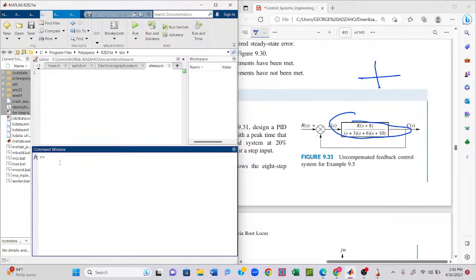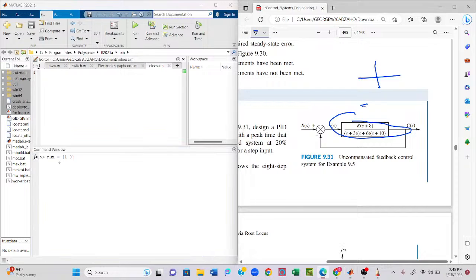For the numerator, you can key in 1 and 8, which are just the coefficients of s: the coefficient of s raised to the power 1 is 1, and the coefficient of s raised to the power 0 is 8. For the denominator, you need to expand the product, so you can use the poly function where you input the roots of the expression.